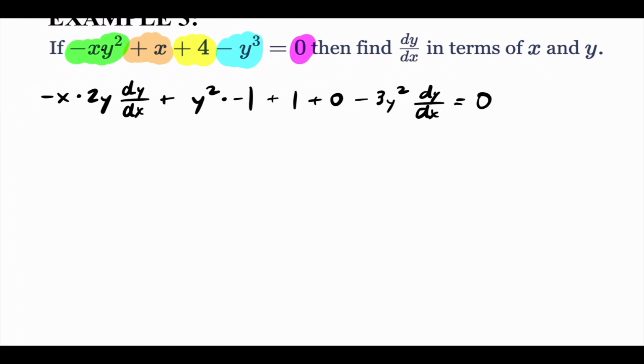Okay, so I'm going to clean this up a little bit. Just rewrite it. So I have negative x times 2y. I'm actually going to move the negative 2. I'm going to write it like this. Negative 2xy dy dx. Because it's all multiplication. It's negative x times 2 times y, so I just rearrange the order.